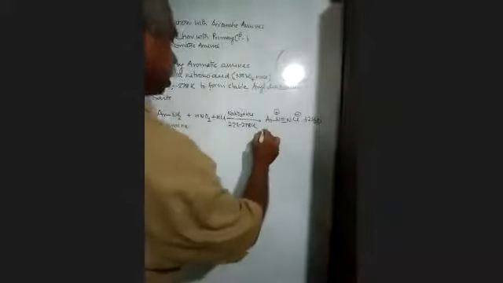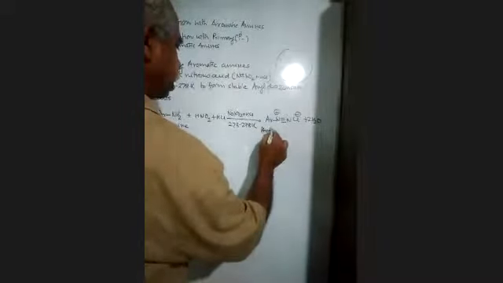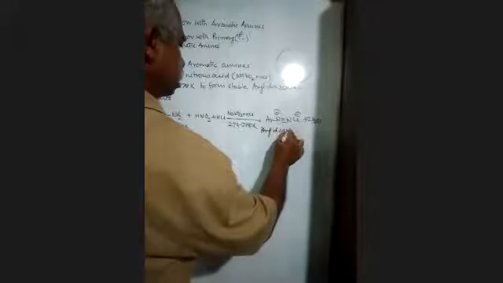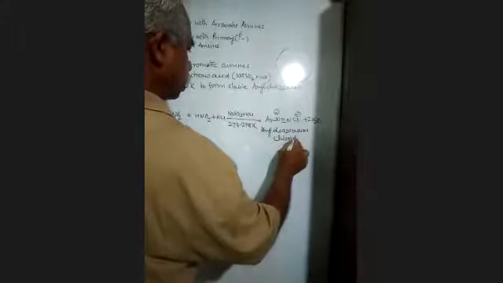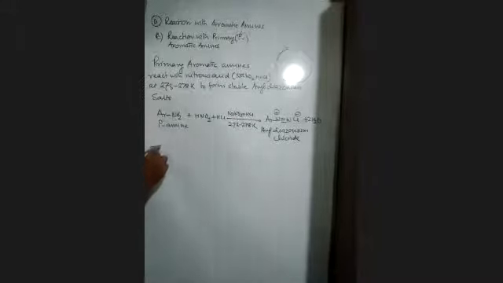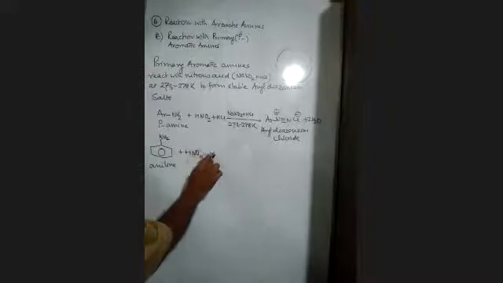So here I'm going to write diazonium chloride. This is NH2, then HNO2, HCl.